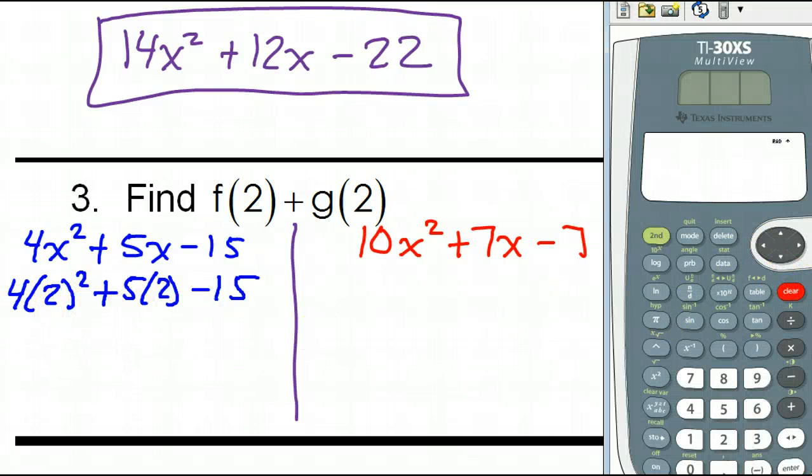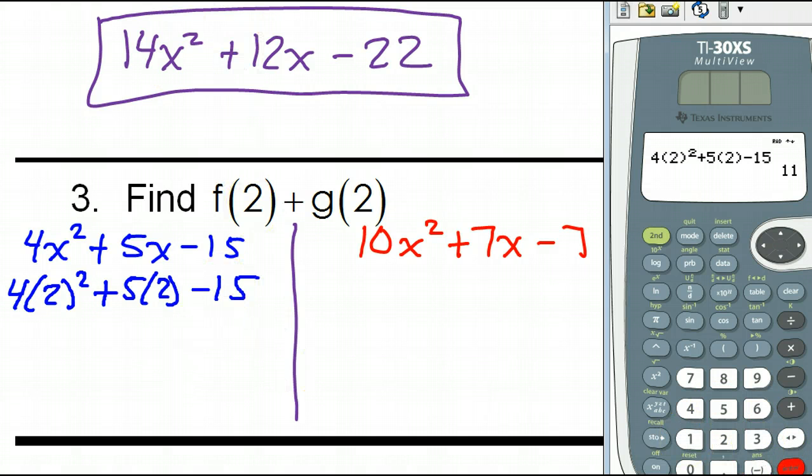Now I could certainly evaluate this by hand, but time is money. So let's just put this in the calculator. Use parentheses anytime you substitute, just like I did. So 4 times 2 squared plus 5 times 2 minus 15. Do it just like that.